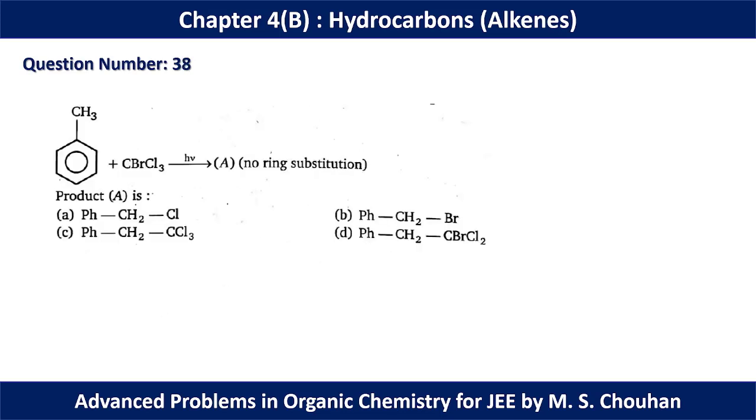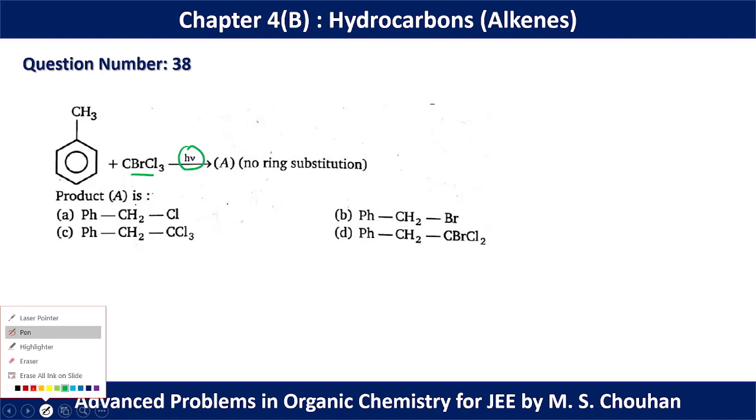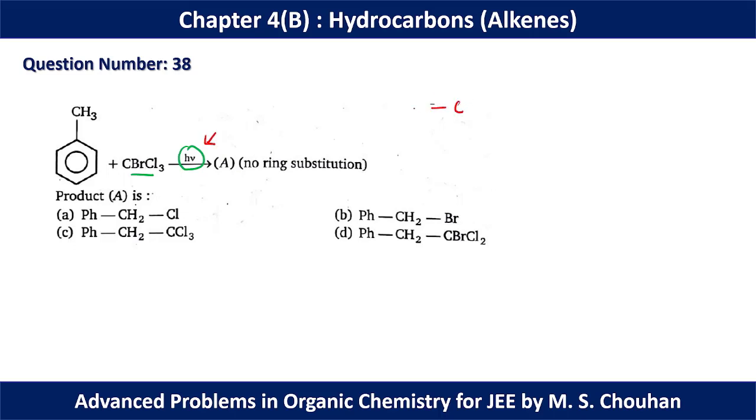In 38, we have used hν along with CBrCl3, which acts as the radical initiator. So hν is the radical initiator, and it will release the radical which is most stable in this case.